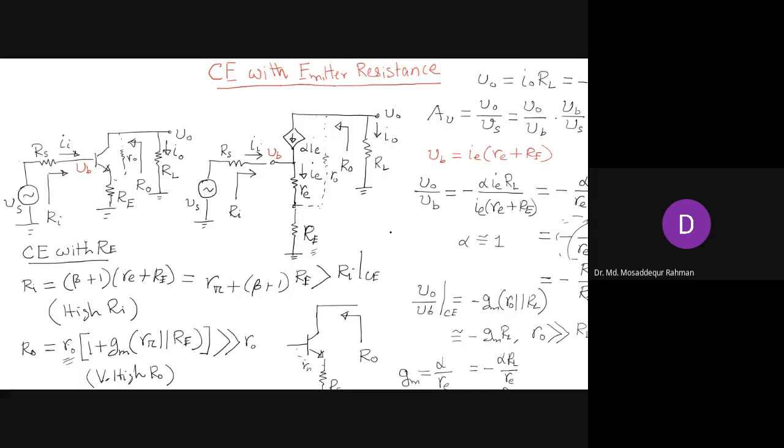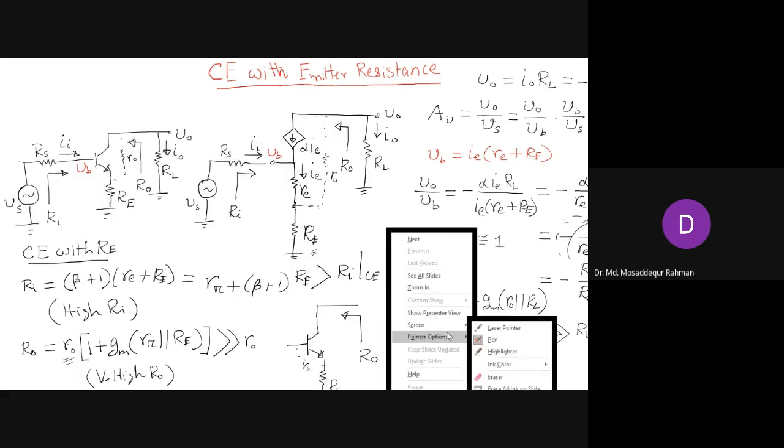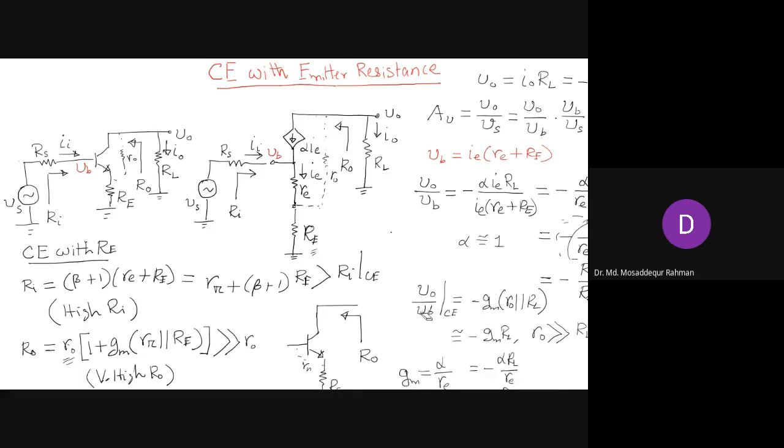Sir, I think it is decreasing the gain, because this term RE makes this term smaller.